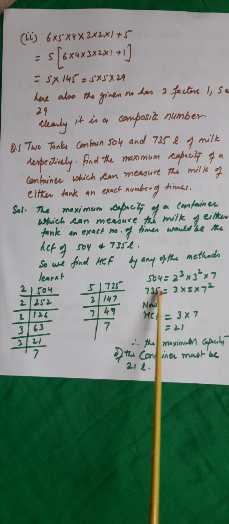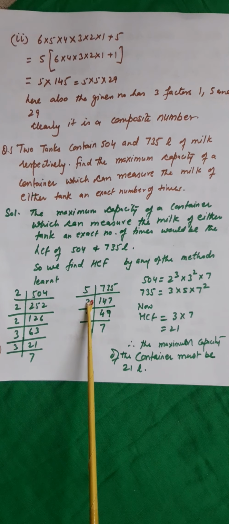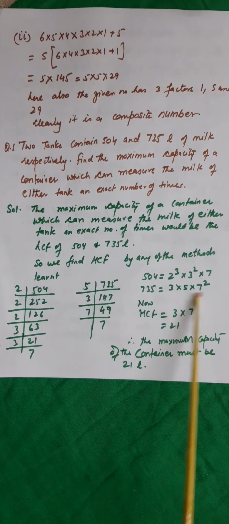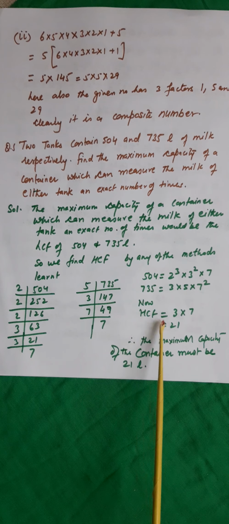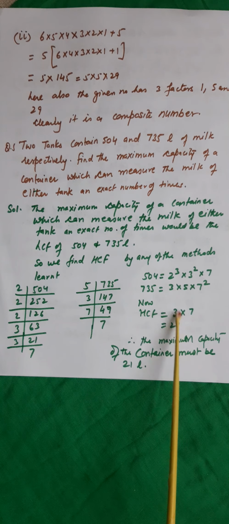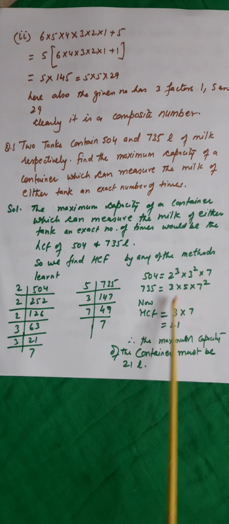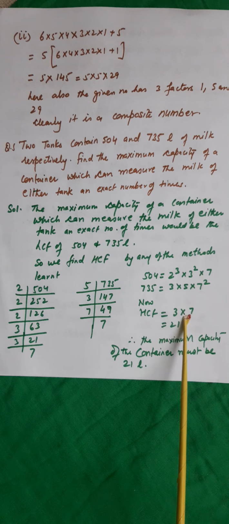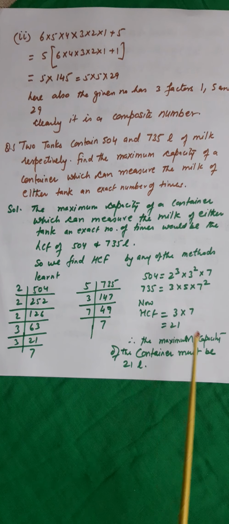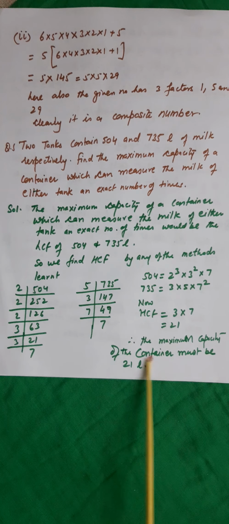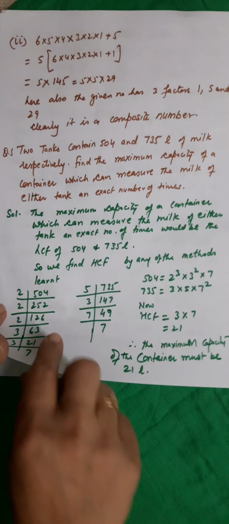And 735 can be written as 3 times 5 times 7 square. Now what is HCF? HCF is the product of the common factors. So the common factors here are 3 and 7. So the product is 21. Therefore the maximum capacity of the container must be 21 liters.